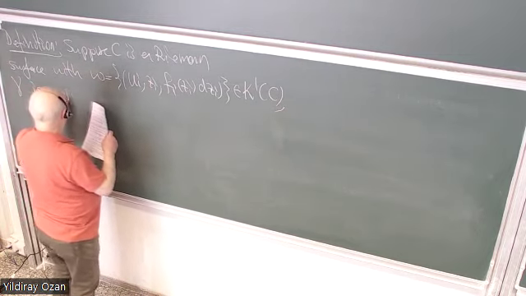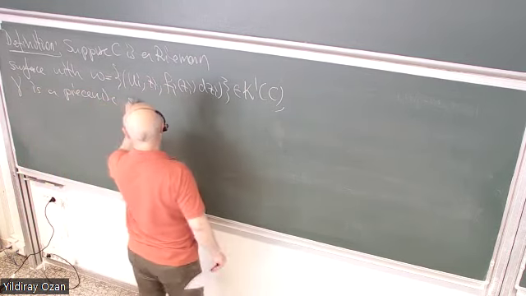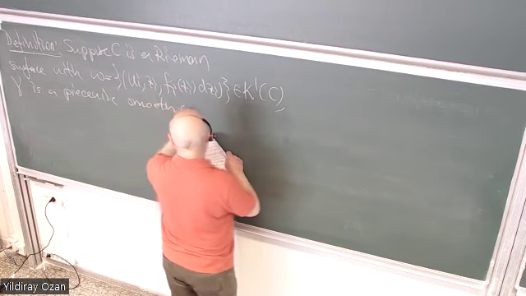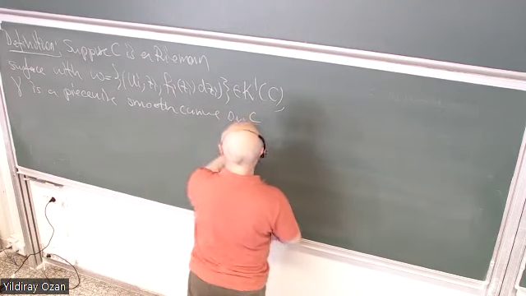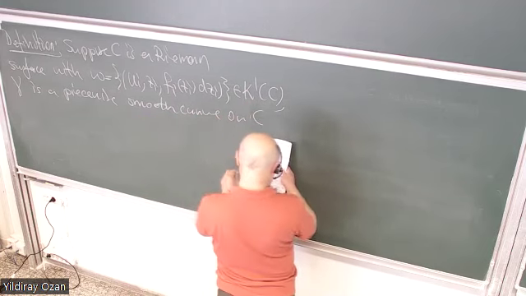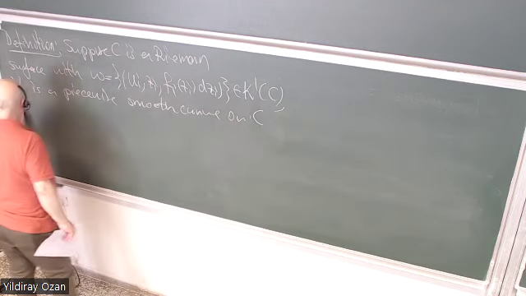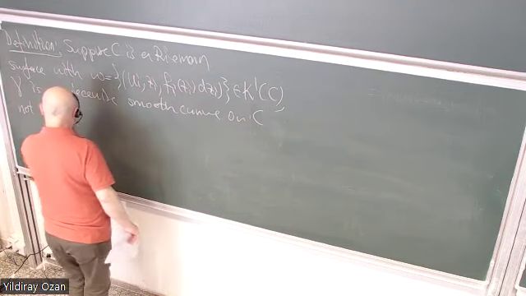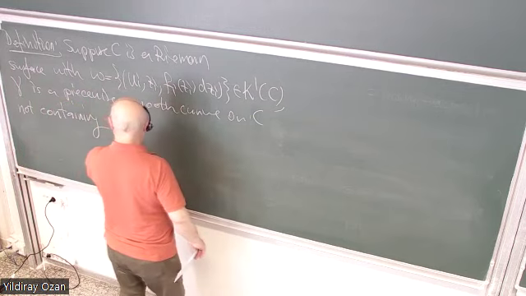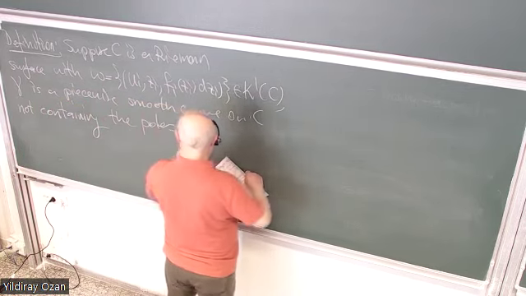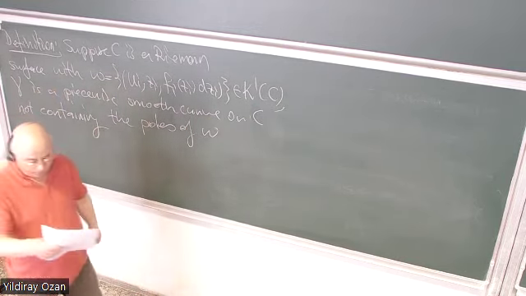Gamma is a piecewise smooth curve on C, not containing the poles of omega.